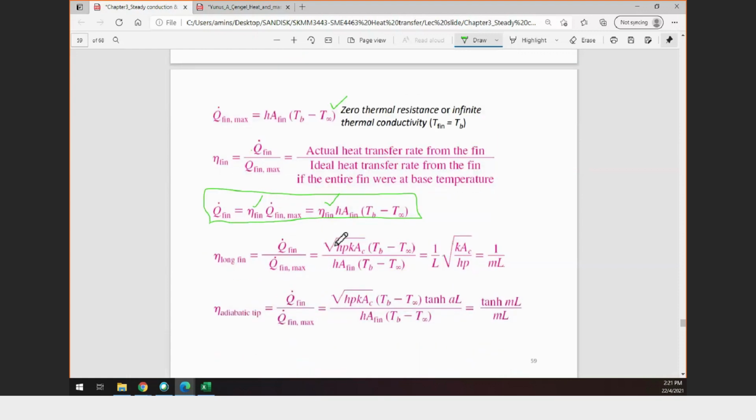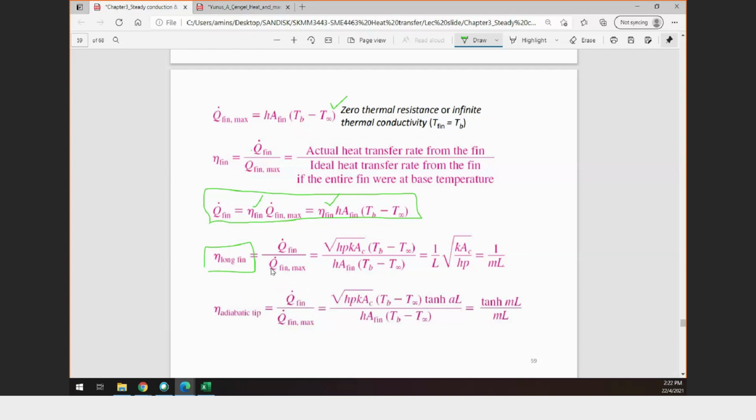Okay, whether you are dealing with the long fin or this is another equation of long fin and adiabatic. This one is to show how they got this fin efficiency in case of long fin.